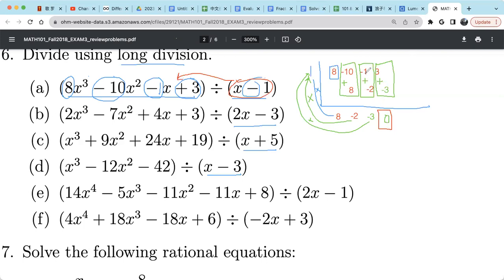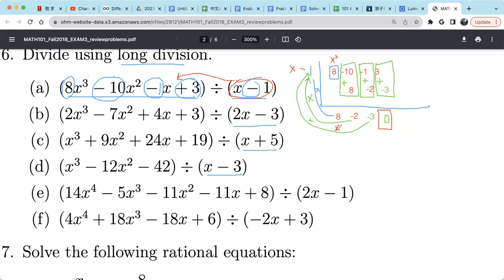So with all those numbers, how are we going to write our quotient, our answer for this? Remember, this 8 is the coefficient of x cubed, and this 1 is part of the factor x minus 1. Think about x cubed divided by x. It has to be x squared, right?